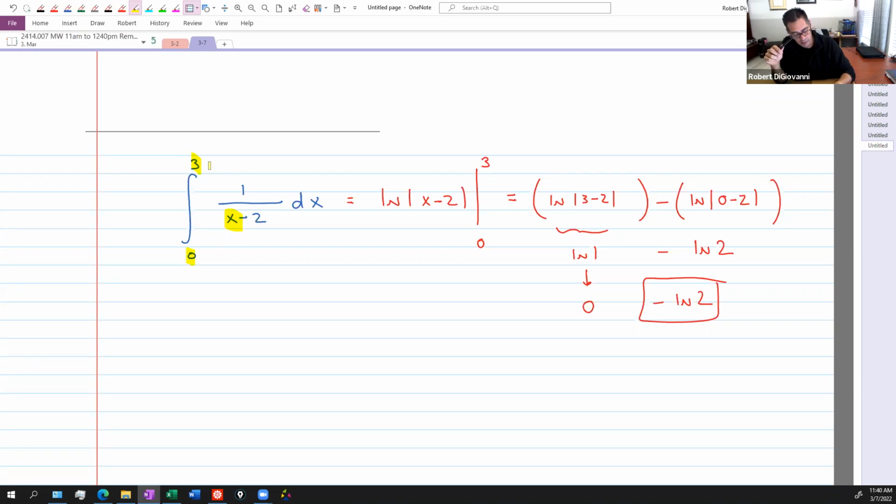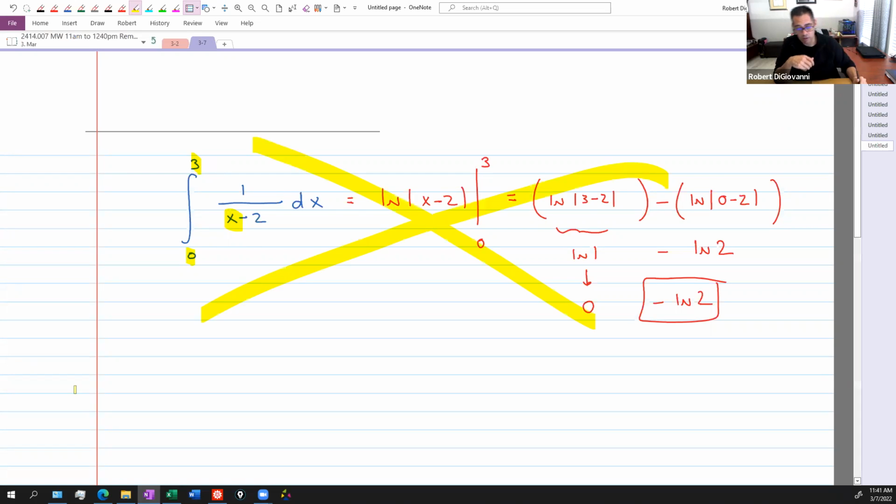That's what we've been dealing with until a few days ago, and that's when we finally put the numbers on the top and bottom. Now that we have the numbers on top and bottom, we have to pay very careful attention to make sure there are no discontinuities within the interval. Oh, okay, that all makes sense? So careful, this is all wrong.